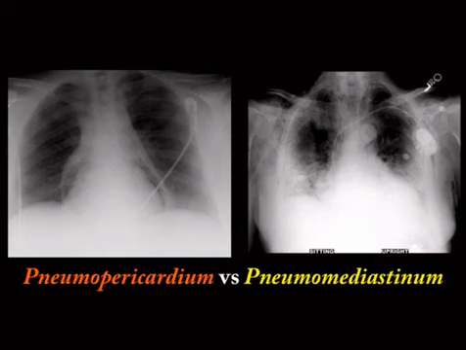This is the one you see all the time, bad traumas or whatever. So at least for me, sometimes the first place that I notice it is the subcutaneous gas in the neck, and then I look down into the mediastinum and I'm like, oh yeah, okay, there's gas there too. So you can remember that the pneumomediastinum extends everywhere. It makes it easier to remember that the other one is the other one.